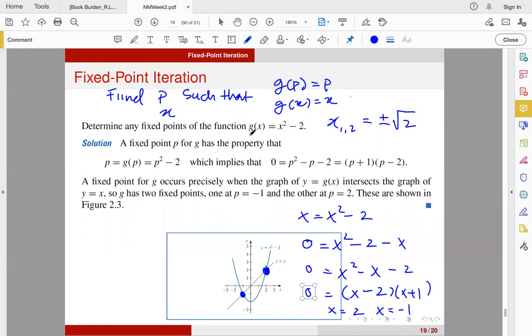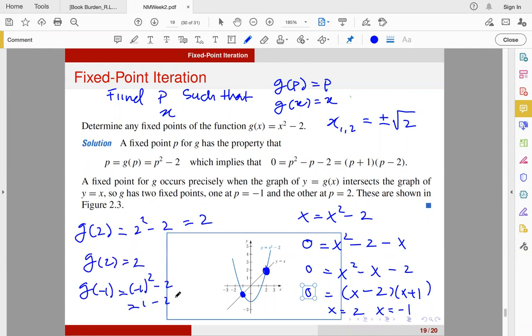If you check, g(2) equals 2 squared minus 2, which is equal to 2. So you have g(2) equal to 2. And also g(minus 1) is minus 1 squared minus 2.